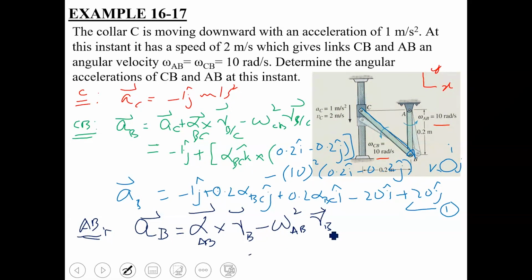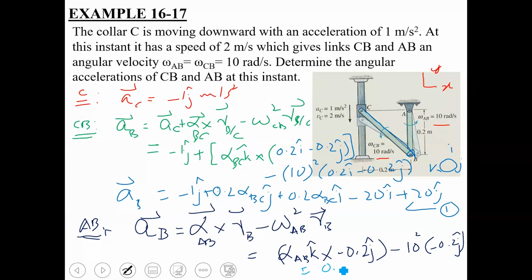Okay, so can you again judge alpha AB? No, sir. So you are going to assume it as alpha AB k cross RB. What is RB here? Minus 0.2 j. So minus 0.2 j minus 10 square times minus 0.2 j, and further solving it, alpha cross R gives minus 0.2 alpha AB, k cross j is basically minus i, so it would become positive.